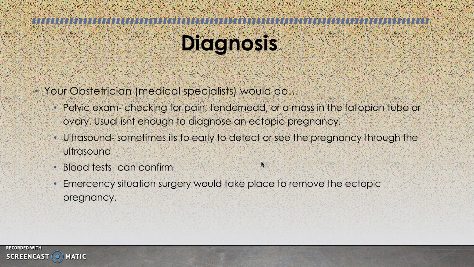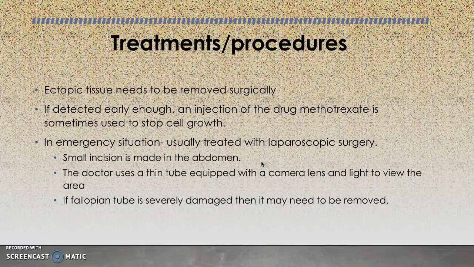And then blood tests can confirm an emergency situation. Surgery would take place to remove the ectopic pregnancy if you're in severe pain and the doctors think that's the reason. So treatments and procedures for ectopic pregnancy.